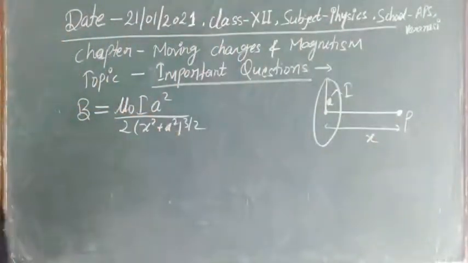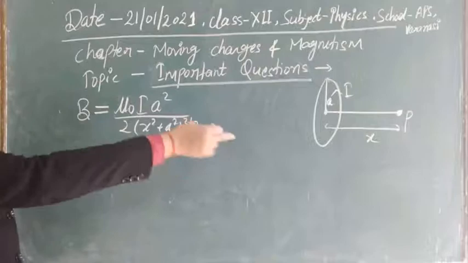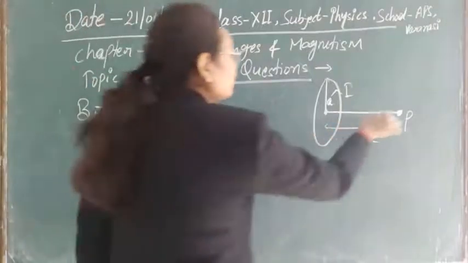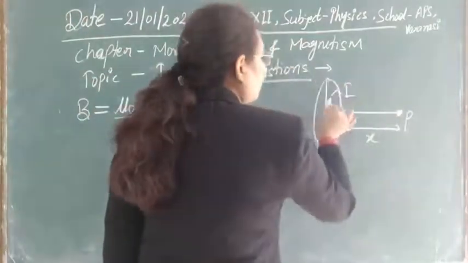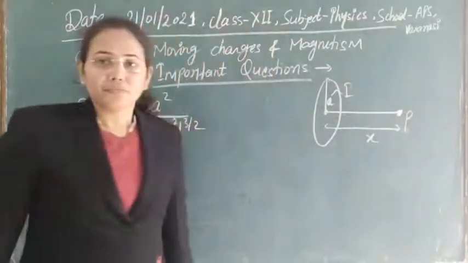With the help of that you can easily find the magnetic field due to this current carrying loop at this point.